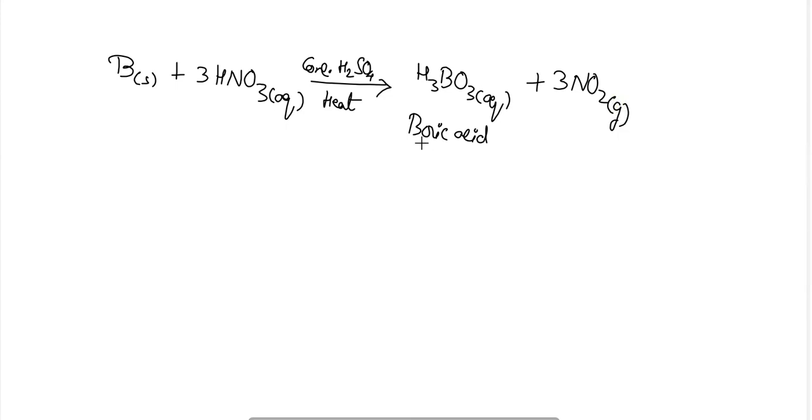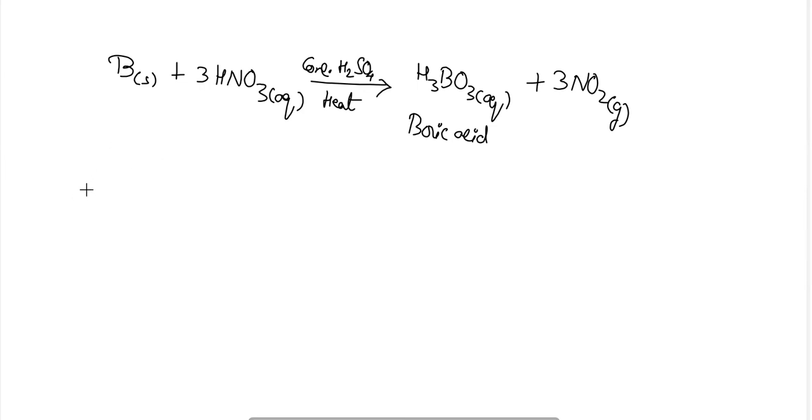You have heard about this boric acid. So boric acid is generally formed by heating boron with dilute HNO3 in the presence of concentrated H2SO4, and the ratio must be 2:1 in order to form the boric acid from boron.